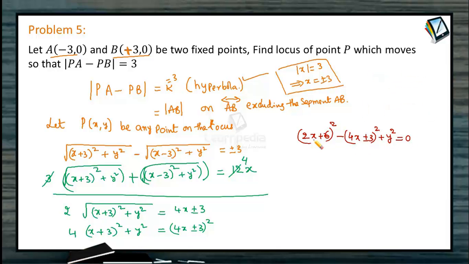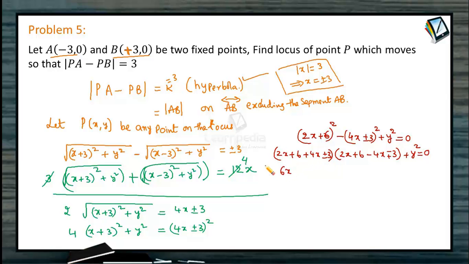So this is something like a² − b², which gets simplified to (a + b)(a − b). A plus b, when I write, it is 2x + 6 + 4x ± 3, into the difference of it, which is 2x + 6 − 4x ∓ 3, plus y² is equal to 0. So this becomes 4x plus 2x is 6x, 6 plus or minus 3.